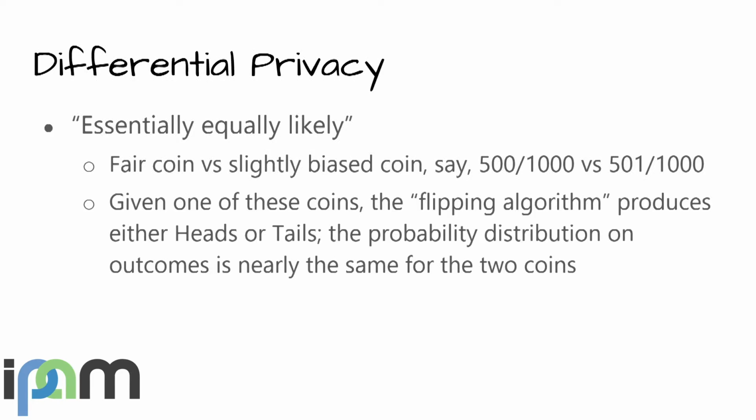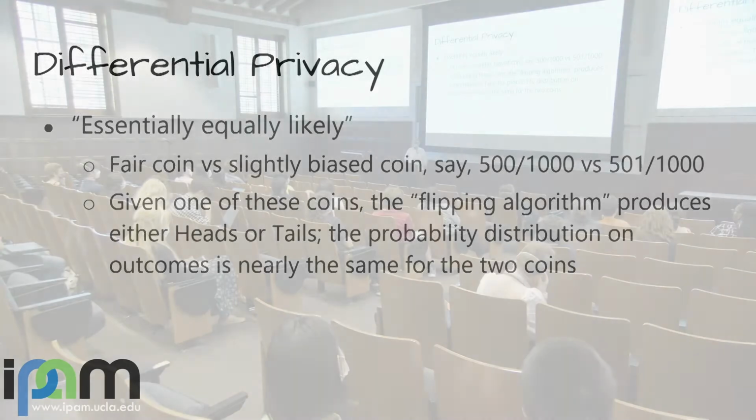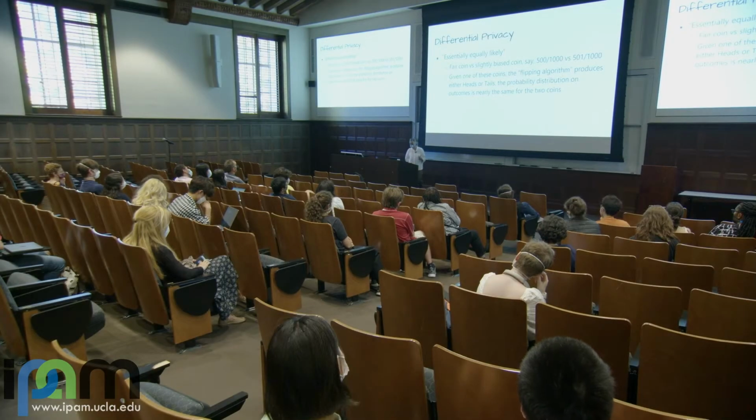Now, suppose I choose one of these coins, and I don't tell you which one I've chosen. And then I flip the chosen coin, and I tell you the result. The result, of course, is either heads or tails. What we're saying when essentially equally likely is, the probability of outcomes of heads or tails is nearly the same, independent of which coin I was actually using, the slightly biased one or the unbiased one.